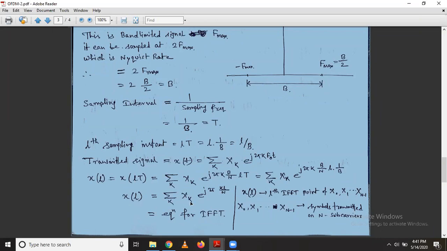XK is the symbol, XL is the sample. From the symbol, we are getting samples. So from the symbol XK, we are getting samples XL by using this equation. These samples will be transmitted now.